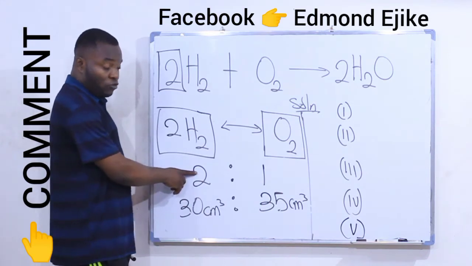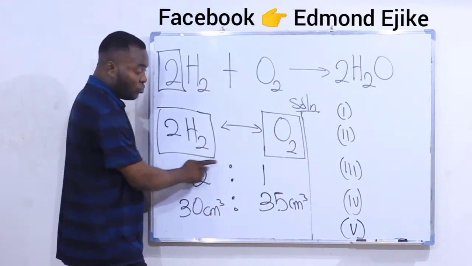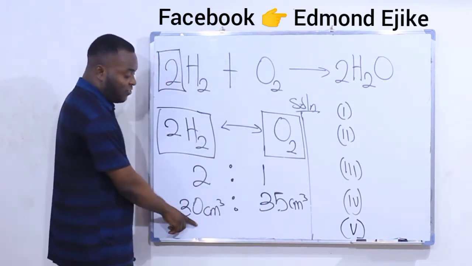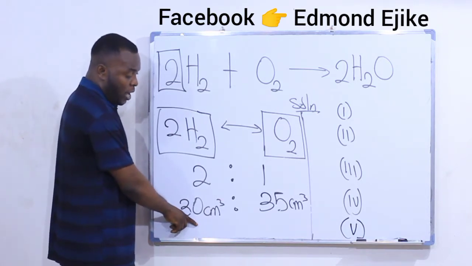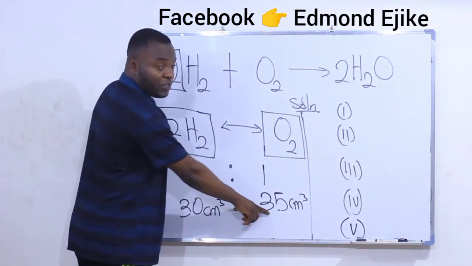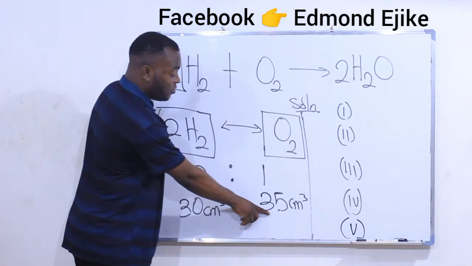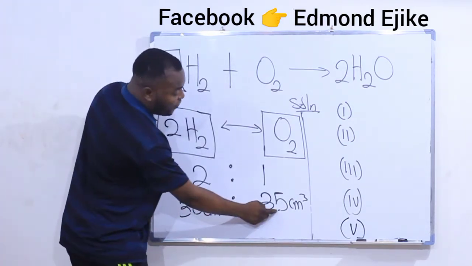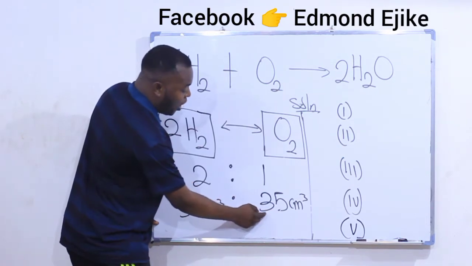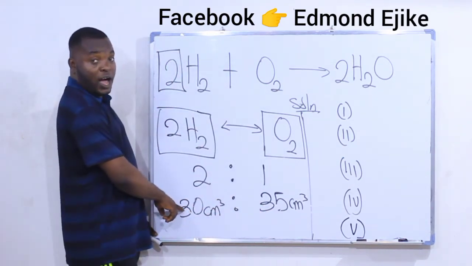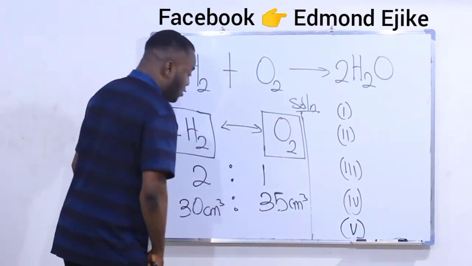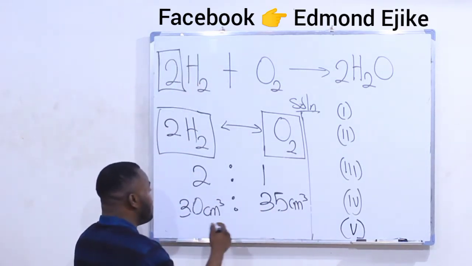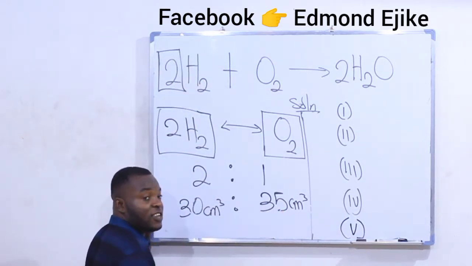From the balanced equation, remember, 2:1. So if I have 30 hydrogen, I'm supposed to have 15 oxygen. 30 to 15, 2:1. Or if I have 35 oxygen, I'm supposed to have 70 hydrogen. But because it has been mixed in this form, it simply means that oxygen is in excess.